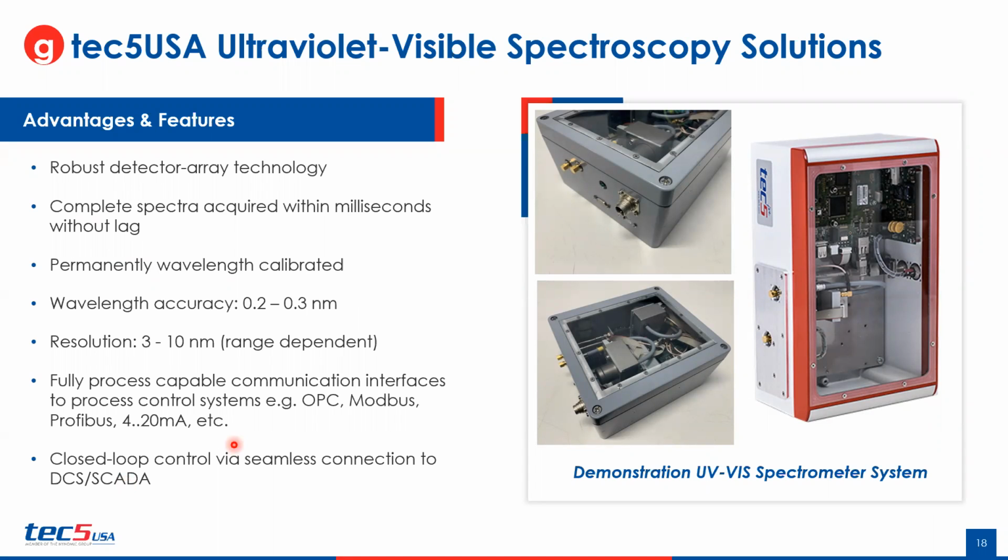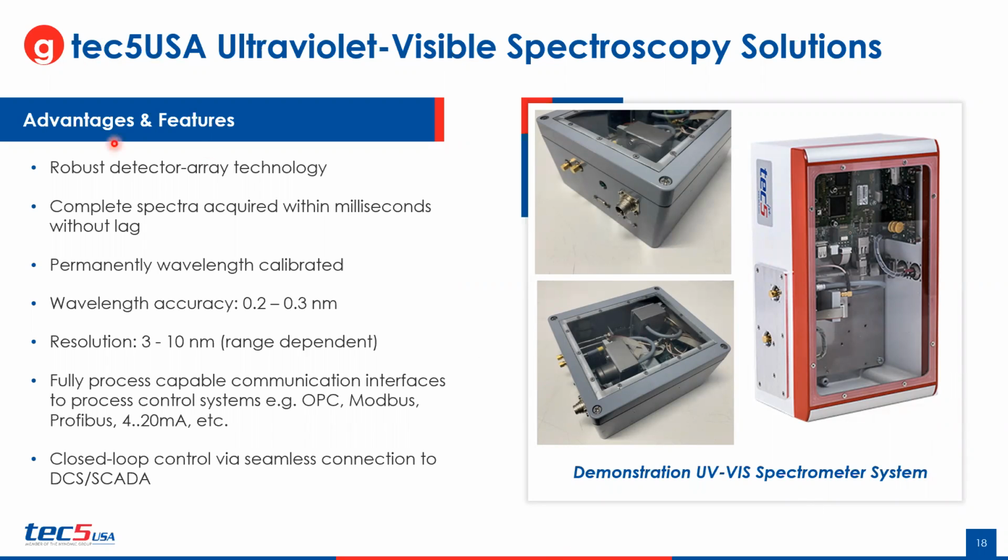I also mentioned an ultraviolet-visible solution in my previous slide for A to T ratios. This device that you see here is an example of one of our demonstrator UV-Vis instruments, and it utilizes some key features.